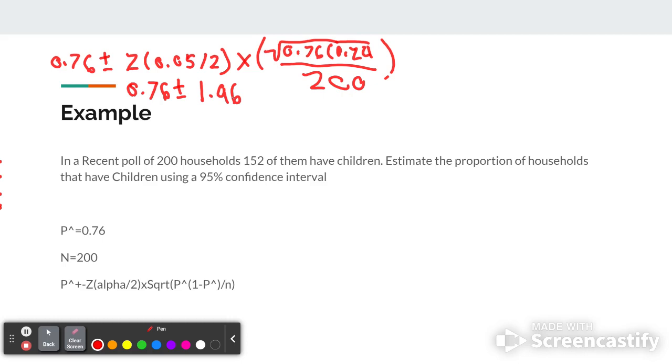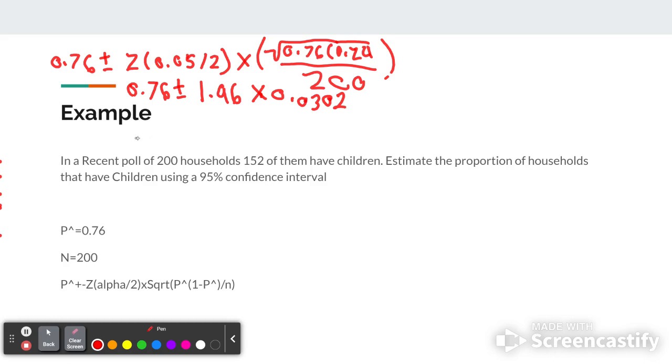That will leave us with a long string of numbers of 0.0302. All you need to do now is multiply the z value, 1.96, times 0.0302, and that will give us the margin of error.